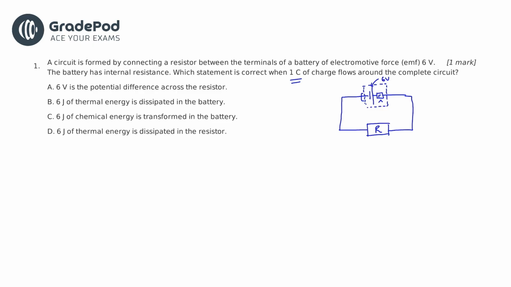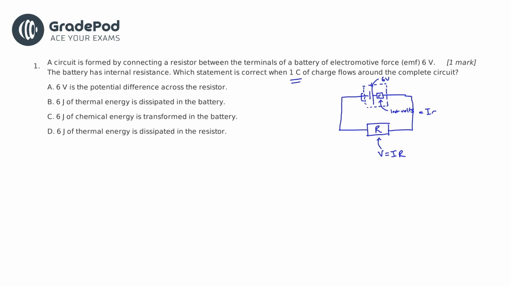We know that some of that will be lost. There'll be lost volts here, equal to Ir, due to the internal resistance, and the potential difference across this internal resistor will be Ir. Let's look at the answers.